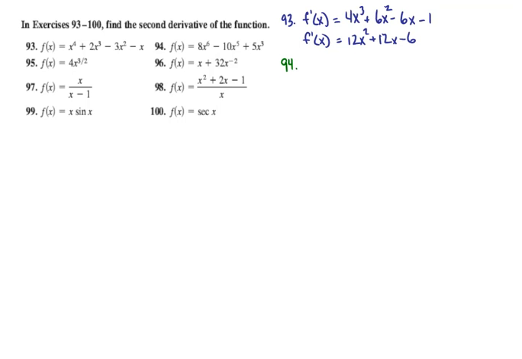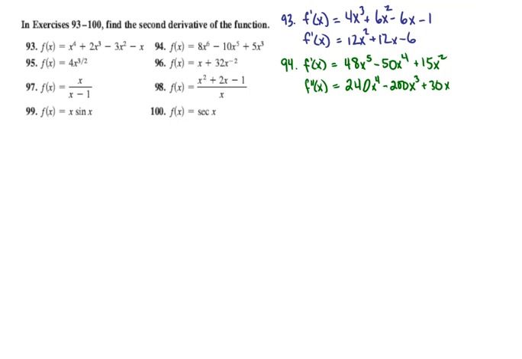For problem 94, which is also a simple polynomial, the first derivative will be 6 times 8, which is 48x to the fifth, then minus 50x to the fourth, plus 15x squared. The second derivative would be 5 times 48, which is 240, x to the fourth. 4 times negative 50, which is minus 200, x to the third.